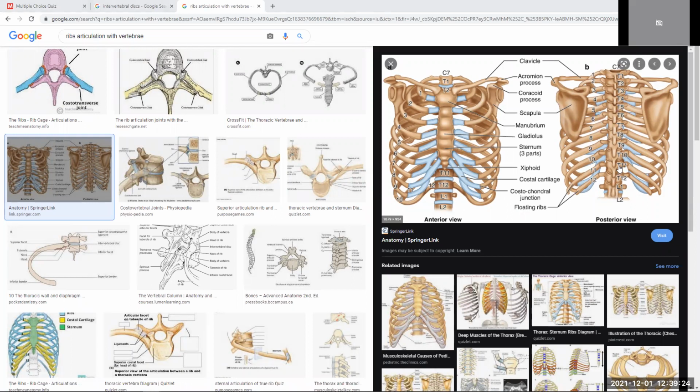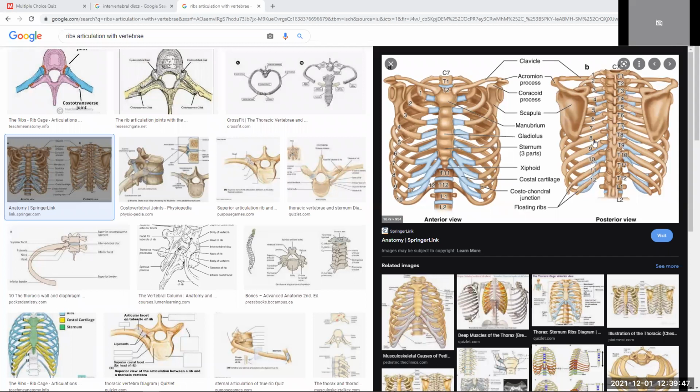So we good? Everybody clear on that? Yes, sir. Remember, 12 thoracic and 12 ribs. So maybe that is why you have 12 ribs, because you have 12 vertebra? Which came first, the chicken or the egg? I don't know. Very interesting. But yes, 12 vertebra, 12 ribs.